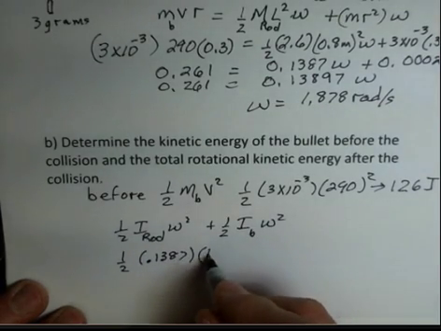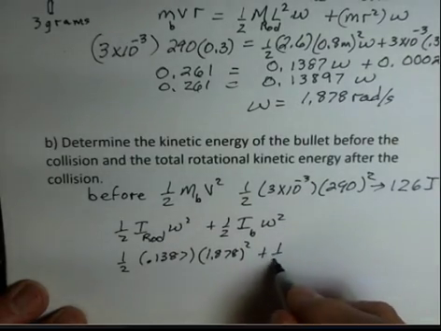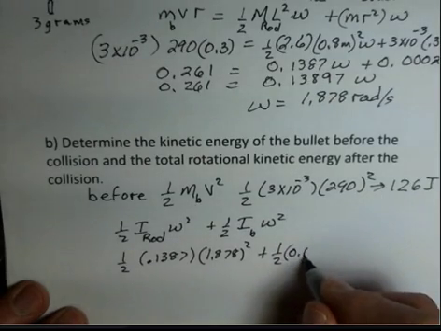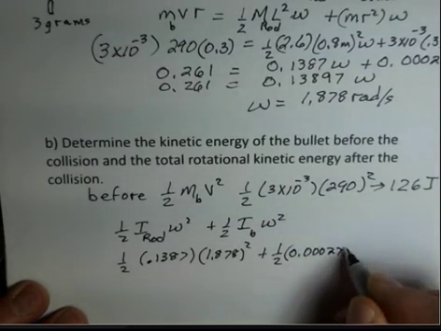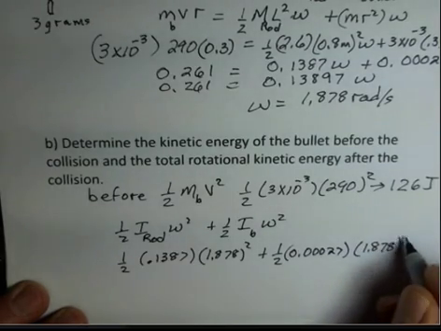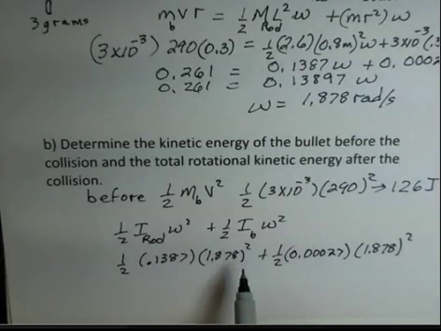And we have the omega 1.878, we'll square that. And for the bullet, its moment of inertia, 0.00027, and again 1.878 squared. So rotational kinetic energy is 1/2 I omega squared.